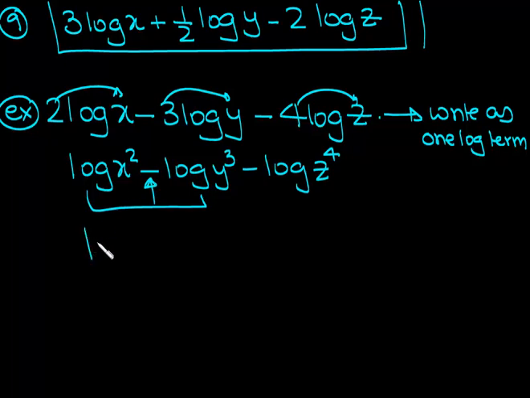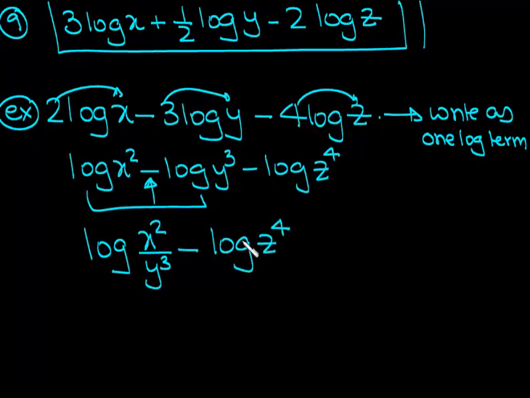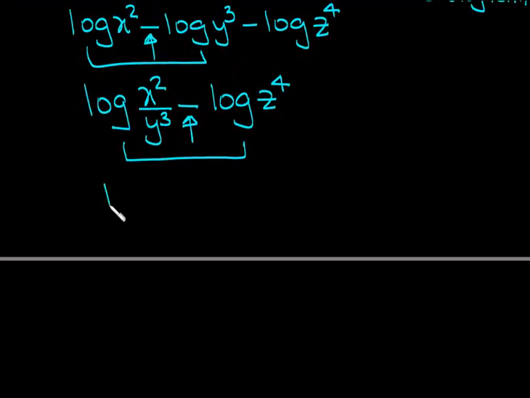So I can take log of x squared divided by y cubed, minus log of z to the 4. Again, I can combine these two. There's a minus in the front, so we're going to use the quotient property again. So we get log of x squared over y cubed, divided by z to the 4th.